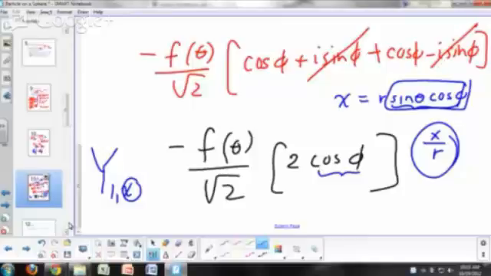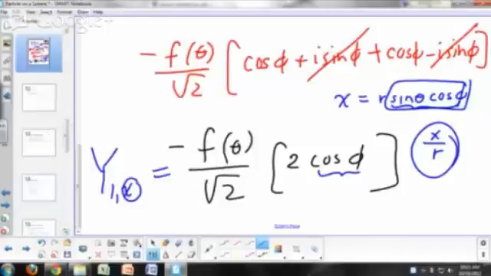It's when you take this particular linear combination of +1 and -1 that gives you what you call the px orbital. So this is actually the spherical harmonic for a px orbital of hydrogen. Right? All right.